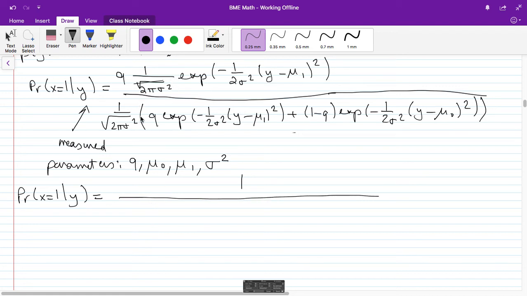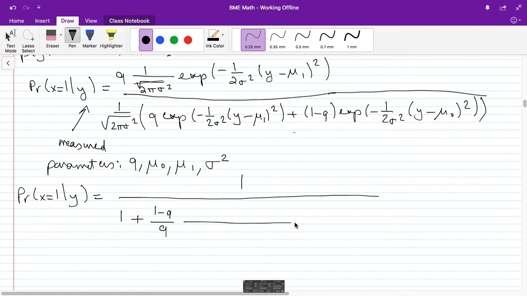And when I do this division, I'm going to get a 1 in the front, because this term is the same as this term. Then I'm going to get this term here divided by this term. So I'm going to get a 1 minus q divided by q. And this term goes away. This 1 over square root of 2 pi sigma squared goes away.